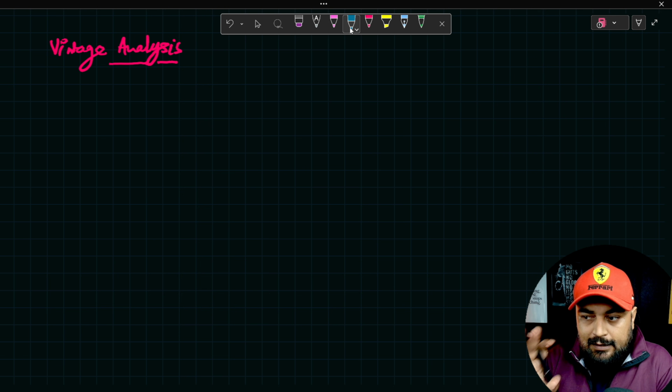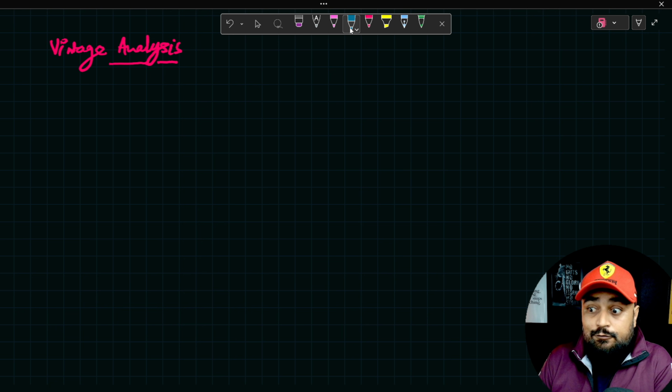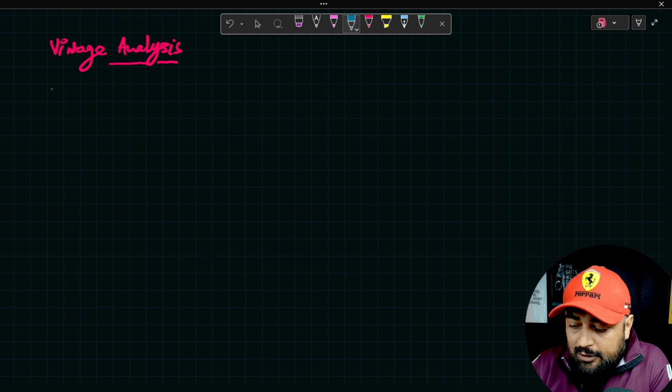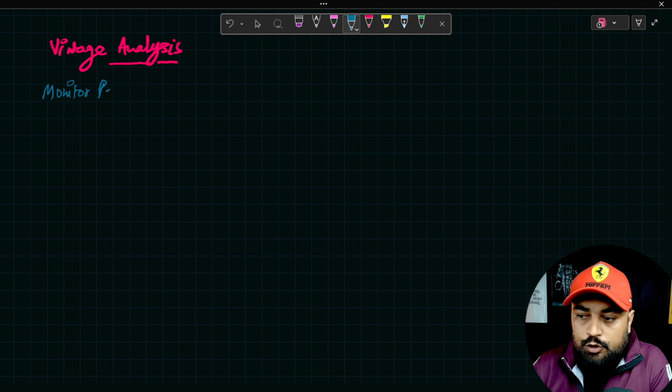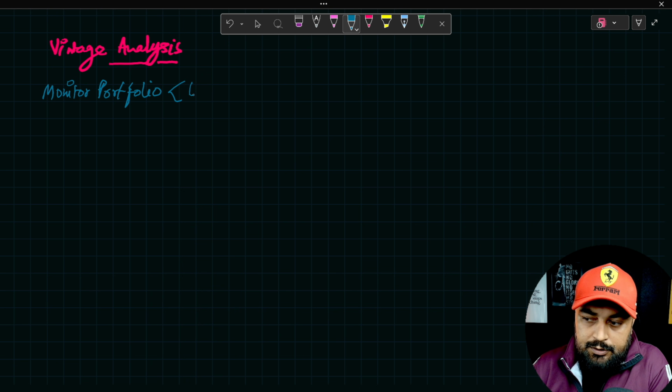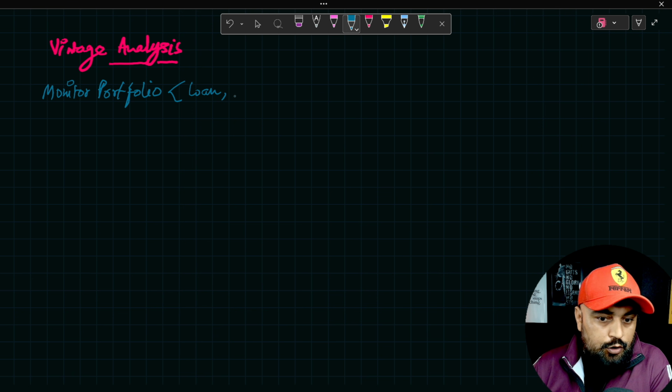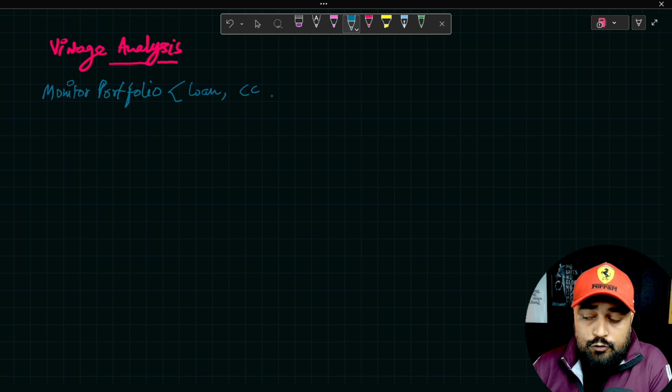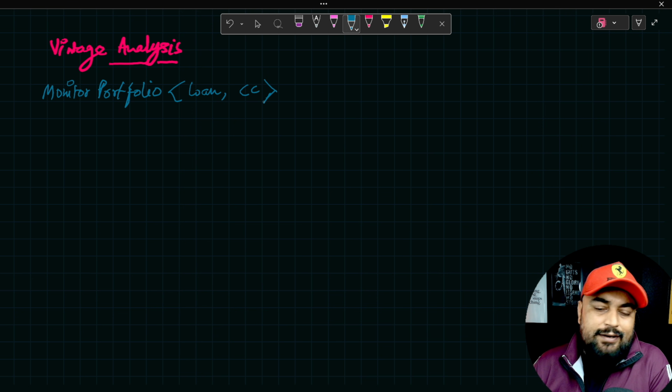If I say in layman language, especially from the credit risk perspective, vintage analysis is the technique to monitor portfolios. Now, what are those portfolios? Those portfolios can be anything. For example, your loan portfolios, your credit card portfolios. These are two examples from a bank.